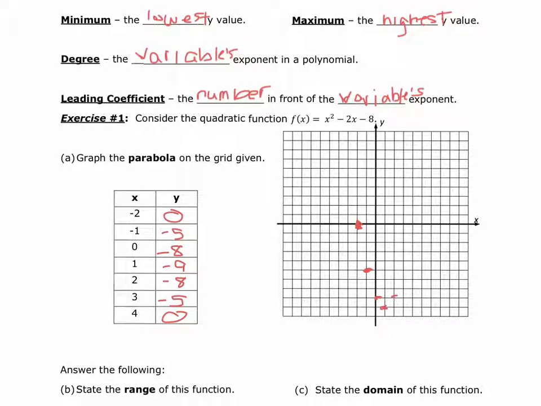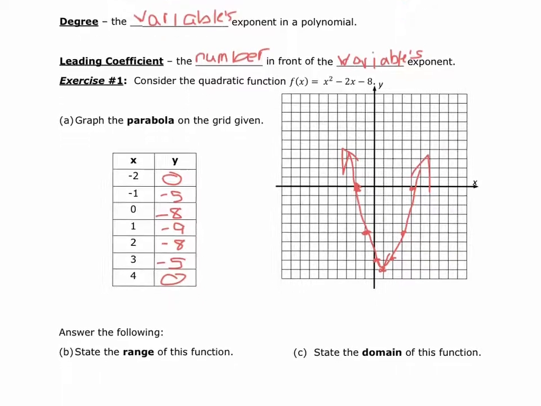I'm going to graph it on the other side. Then you're going to draw your line with your arrows. Once you have that, we can move down to the next part here.